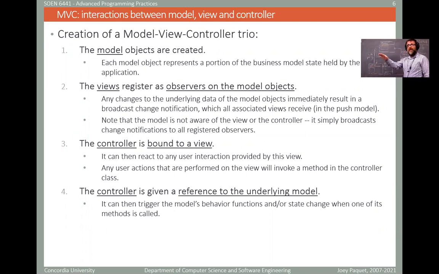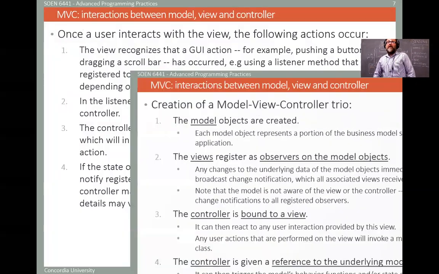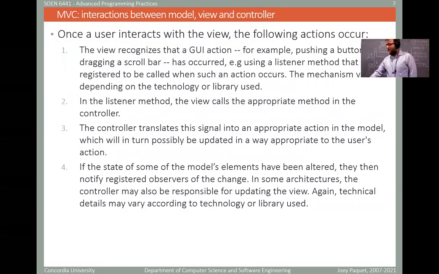In the example I will give, there's actually going to be no connection between the view and the controller. So this is explaining the loop that is going to happen when the system is actually executing.